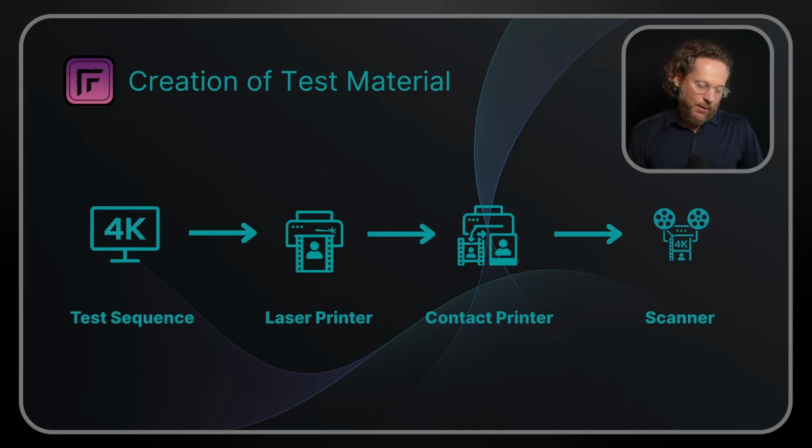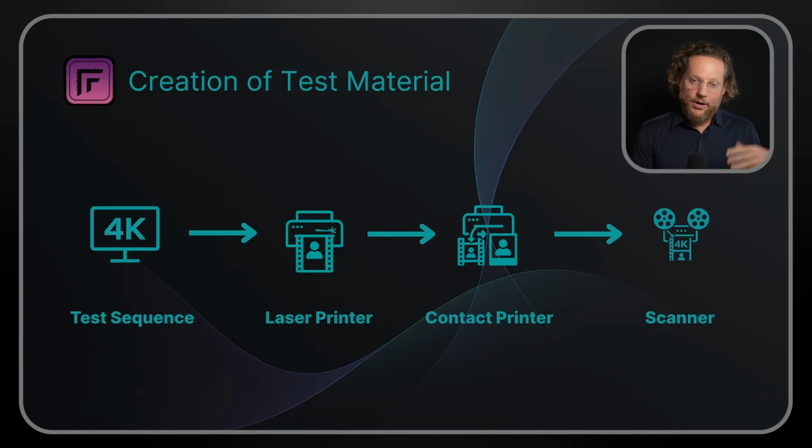Some of these measurements cannot be done on just any images. We need specific images, like slanted edges, grayscales, color patches, and skin patches. They are then transferred from the digital domain onto a film negative using laser printing.